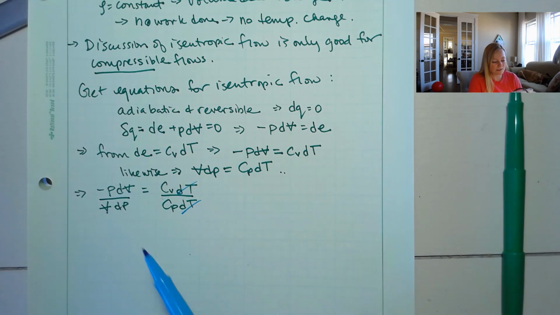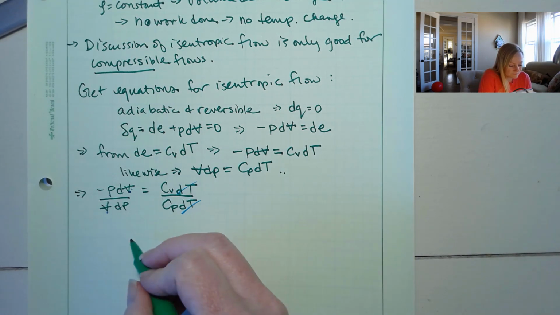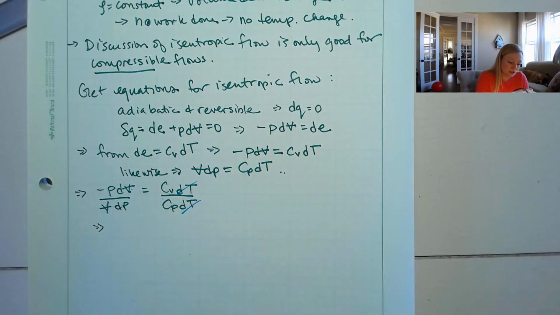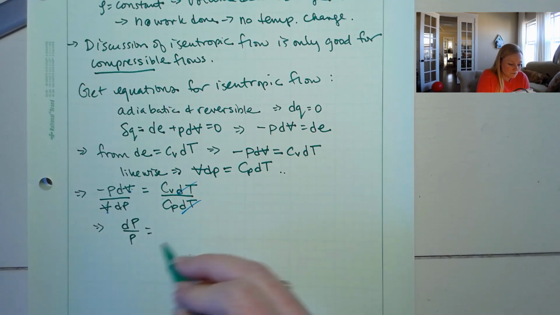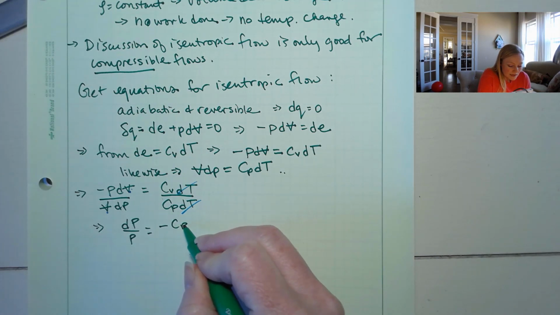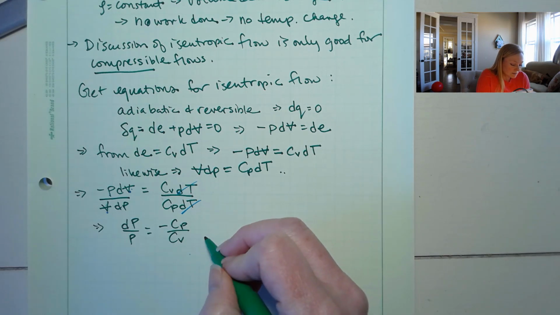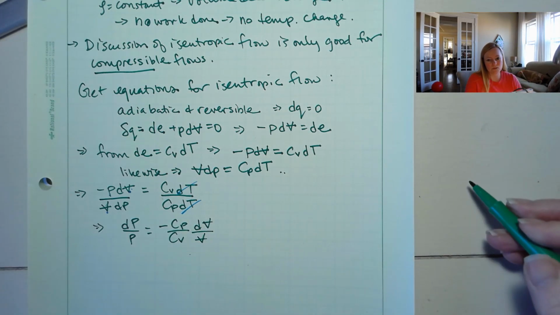So I want to get these terms on separate sides so I can integrate. So let's create an equation where we've got dP over P on the left, and then we're going to move everything else over. So that's going to give me negative Cp over Cv times dV over V.